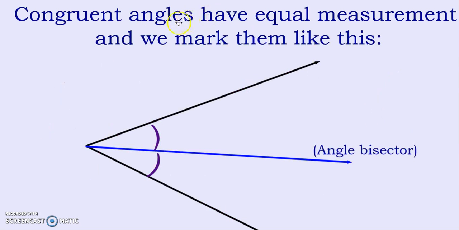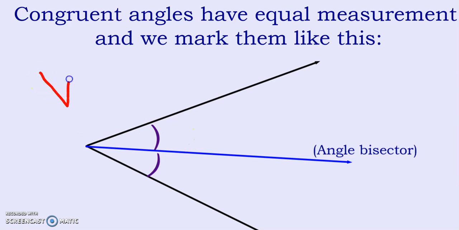Next thing, which you'll be writing down too, is how we mark things that are congruent. We mark congruent angles by putting those little arcs in the angle. So we have marked, with one little arc here, that these two halves are congruent, and this is an angle bisector, so we know it cuts an angle in half.